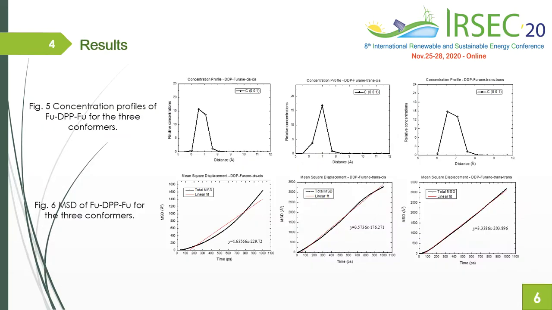So here we analyze the molecular systems by calculating the concentration profile, the intra and intermolecular hydrogen bonds, the mean square displacement MSD, as well as the diffusion coefficient D using the Einstein equation. The concentration profile shown in figure 5 is calculated along the 001 direction.